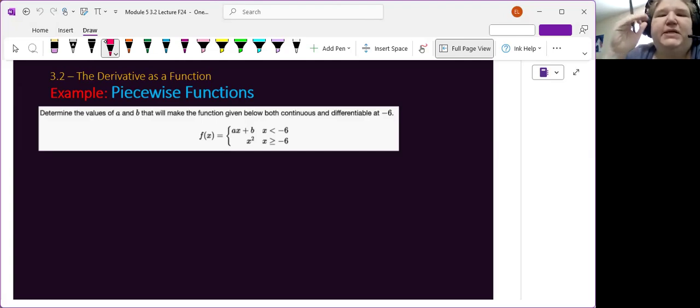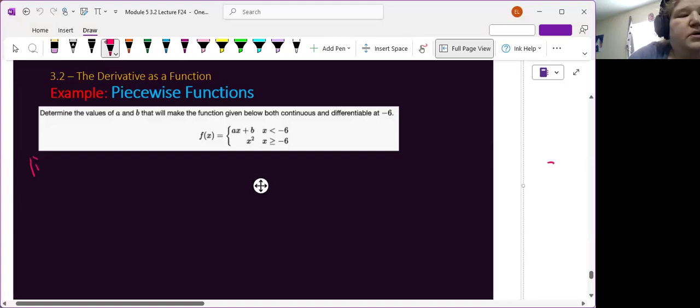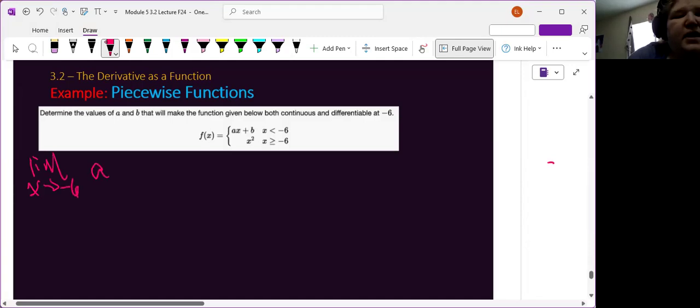So to make this graph continuous, the limit from the left has to equal the limit from the right. And the only place where we're unsure of the continuity is at -6. So we're going to do the limit as x goes to -6 of ax plus b, and we want this to equal the limit as x approaches -6 of x squared.